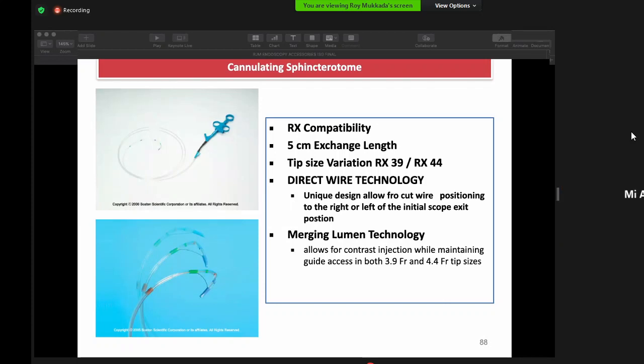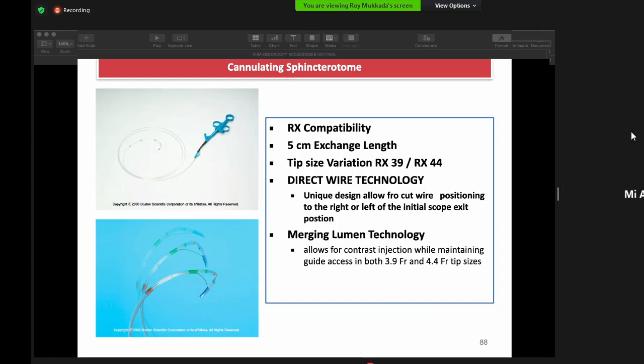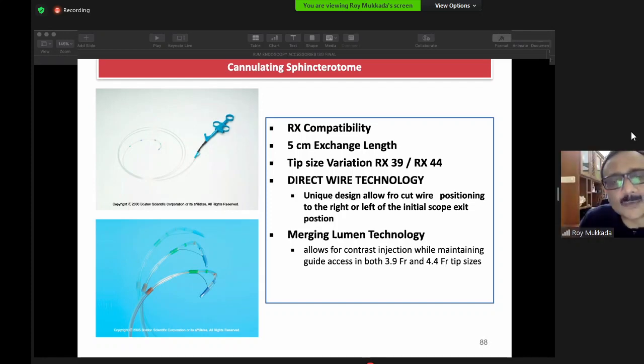It is used for cannulation of the biliary and pancreatic duct, then guide wire assisted procedures like SEMS. Whenever there is a need for biliary stenting, you may have to perform a sphincterotomy. This is usually a wire guided procedure. It is not a blind procedure.